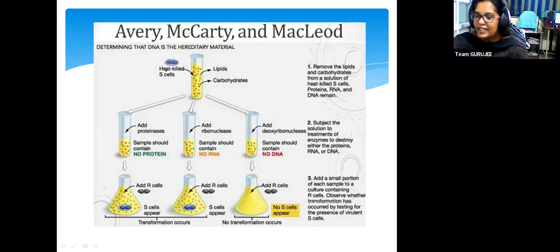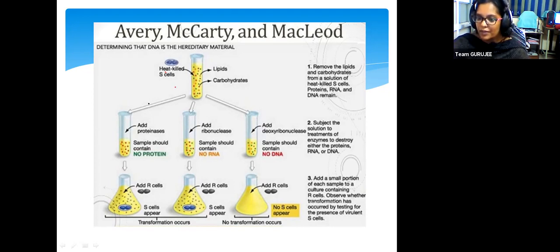They added the heat-killed smooth cells of Streptococcus pneumoniae. These heat-treated smooth cells are the same ones used in the Griffith experiment. Then they added the rough cells.